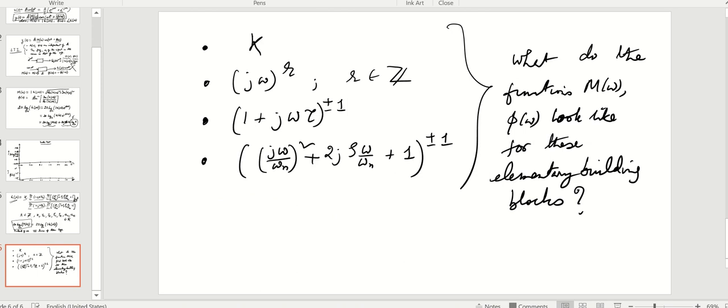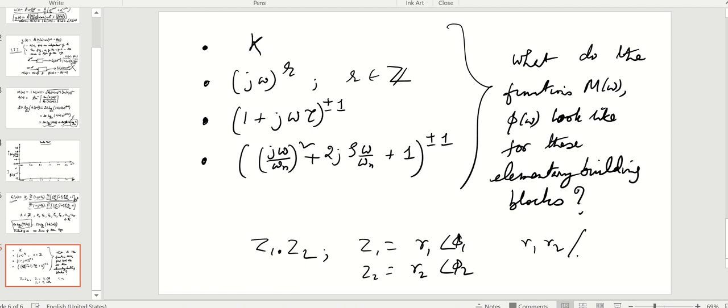Look, if you take two complex numbers, z1 and z2, and you multiply them, and you write z1 is equal to r1 with an angle φ1, and z2 is equal to r2 with an angle φ2, then the product is basically r1 r2 with a phase φ1 + φ2.